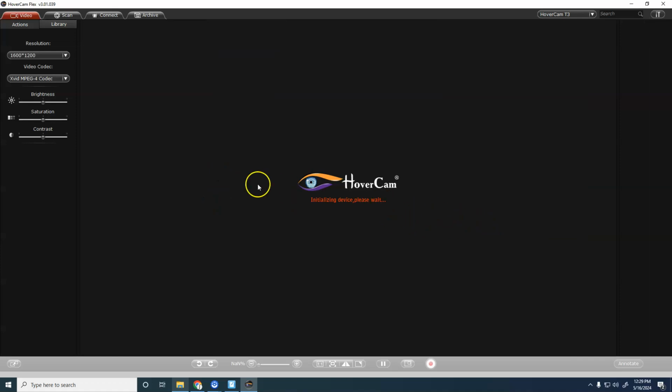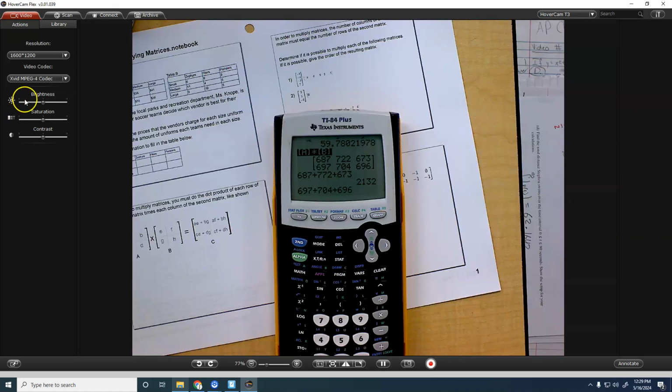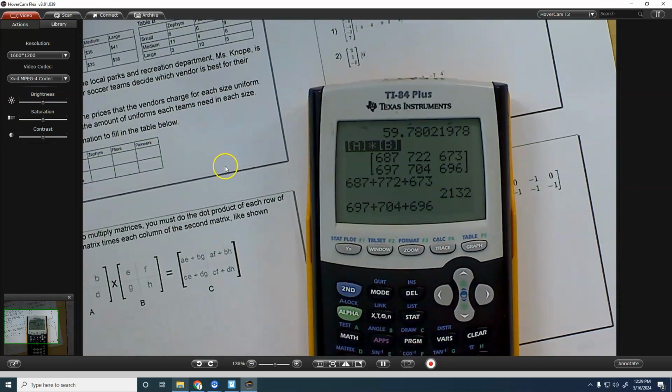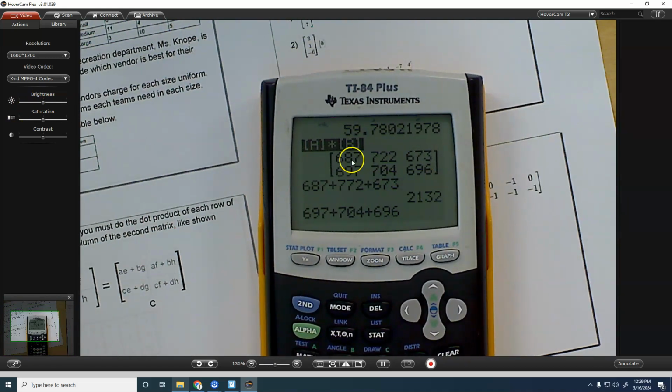Right, here's what my calculator looks like if it'll ever come up. I just multiplied my matrices and it gave me the answers. So you just multiplied matrices together, even though you didn't know you were multiplying matrices.